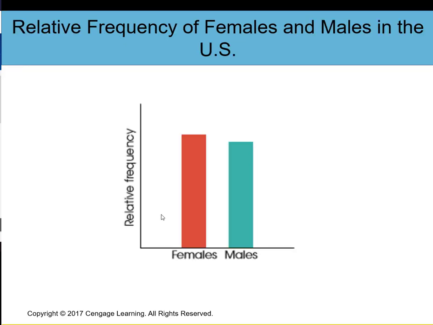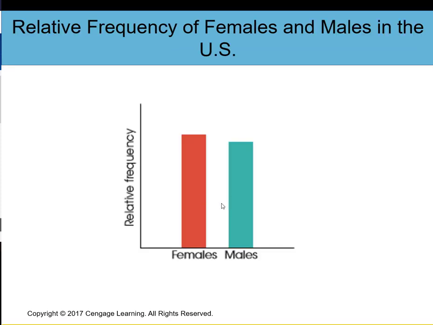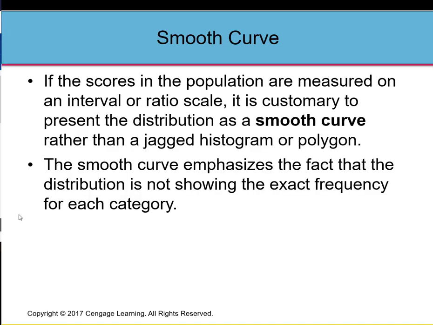Using census data, we know that there are slightly more females than males in the United States, and this is a relative frequency. And again, it's a bar graph, and they don't touch because they're individual, unique categories.